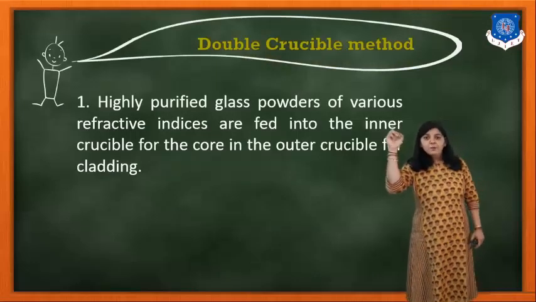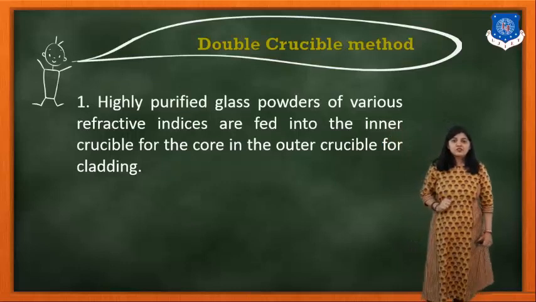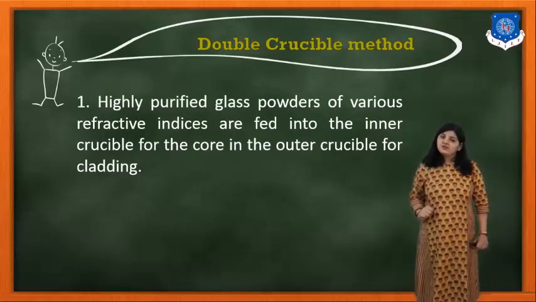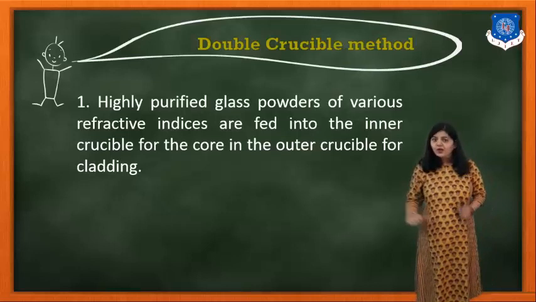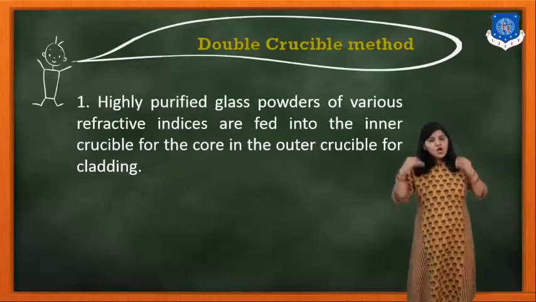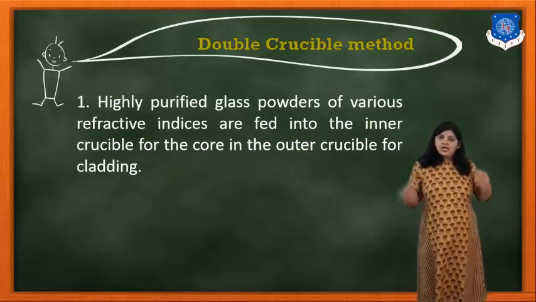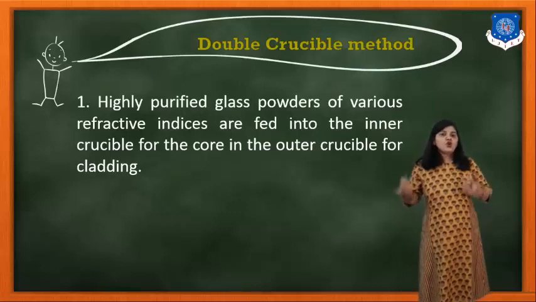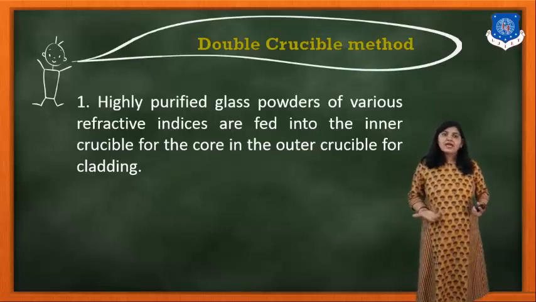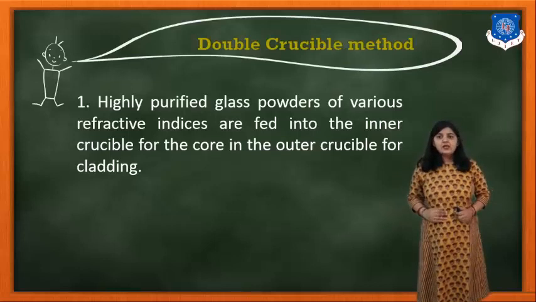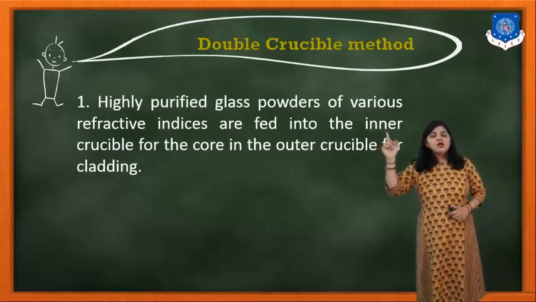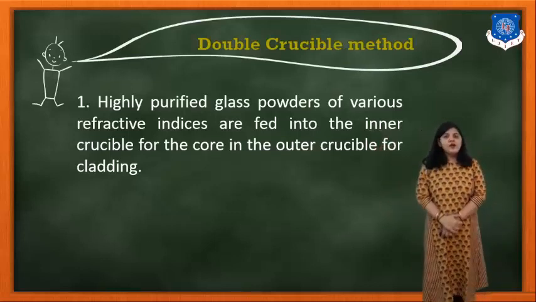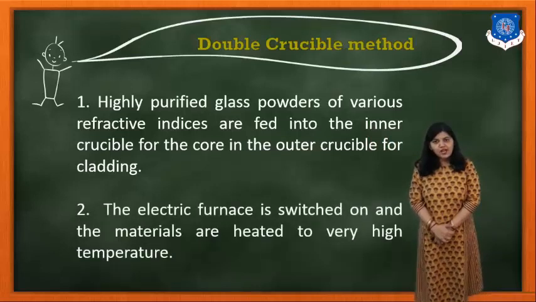Highly purified glass powders offer various refractive indices. As I told you, you want to make a core using some material and cladding using some material, and the core has a higher refractive index compared to the cladding. These are fed into the inner crucible for the core and the outer crucible for the cladding.